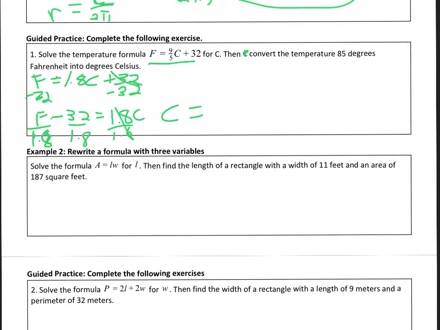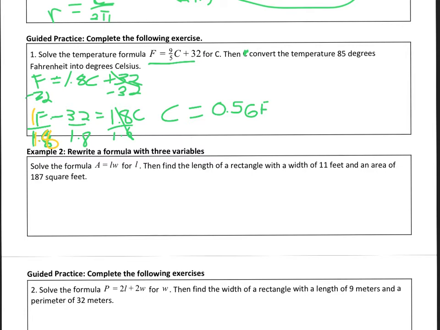Think of it as 1F over 1.8, so I'll just take 1 divided by 1.8. In my calculator, it's going to give me 0.5 repeating. If you get 0.5 repeating, I'd be okay with you just rounding that to 0.56 times F. That's just a result of me taking 1 divided by 1.8 to get that 0.56, 0.5 repeating but rounded.